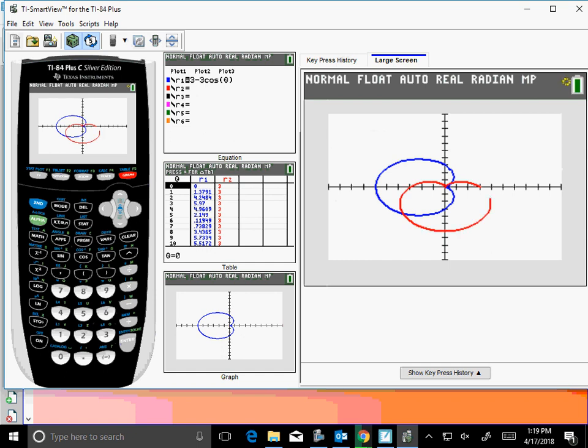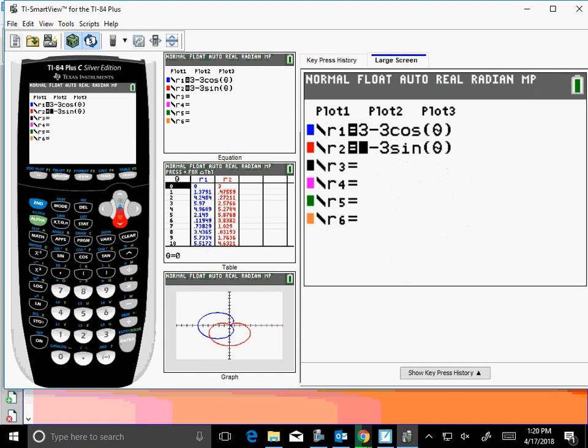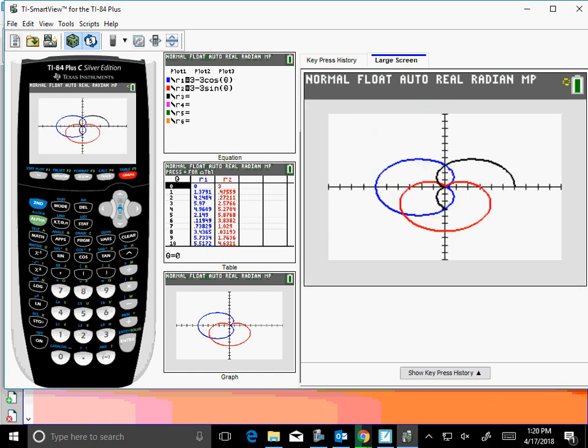Oh, it's that way. What if I did 3 plus 3 cosine? The other side, right? So let's go 3 plus 3 cosine. And 3 plus 3 sine?